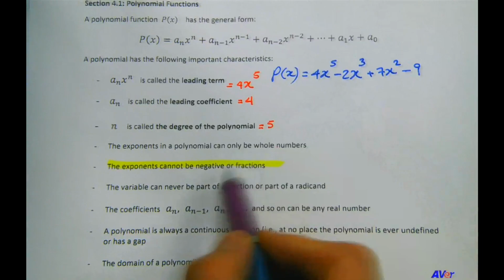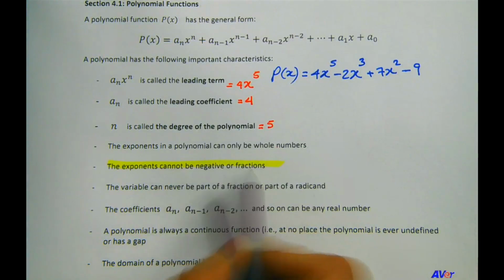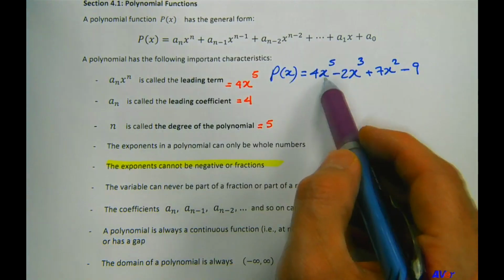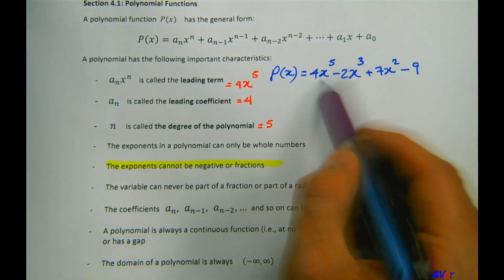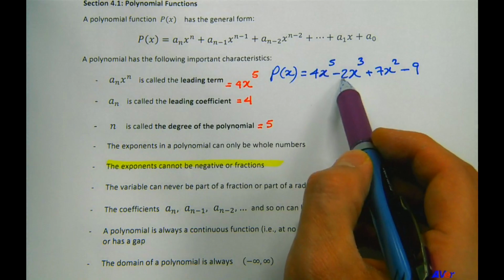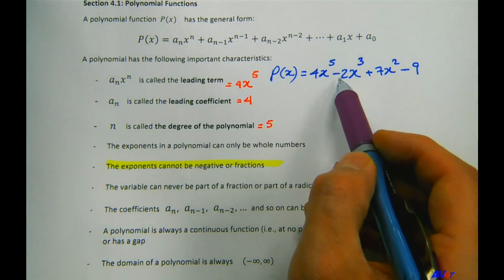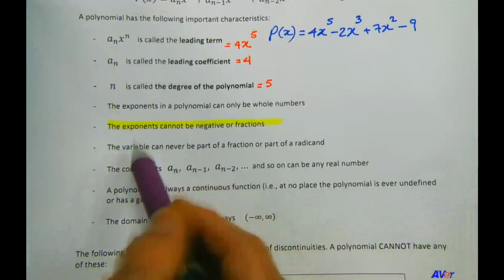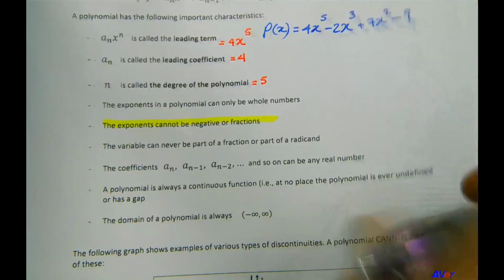They cannot be negative or fractions. So we cannot have a square root or cube root or fifth root in a polynomial. And if you do, that expression is not a polynomial. So this is basically saying the same thing as above.